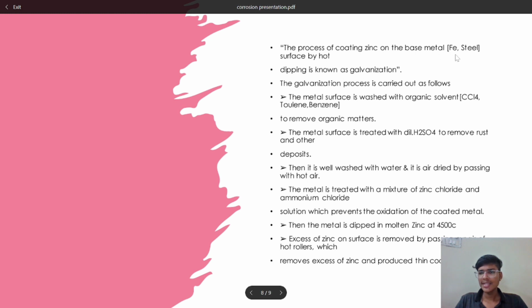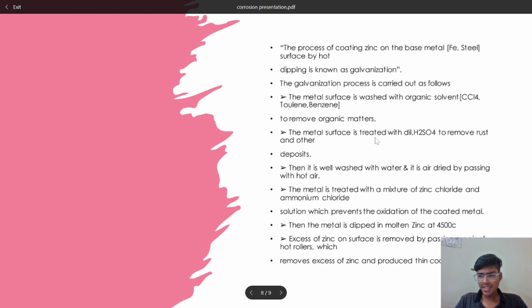Here we can consider iron or steel as the base metal. The galvanization process is carried out as follows. The metal surface is washed with organic solvents, such as carbon tetrachloride (CCl4), toluene, and benzene, to remove organic matter.